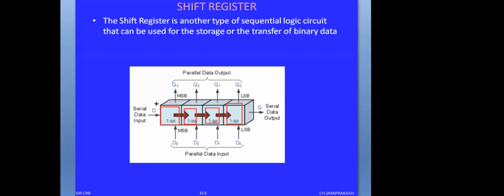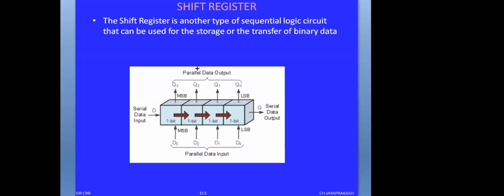Now I am performing a data operation on this register. I can enter the data serially into the register. In the first clock pulse, the first data will be transmitted to D3.